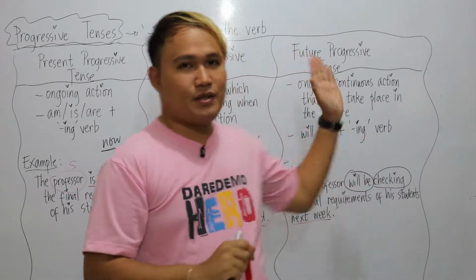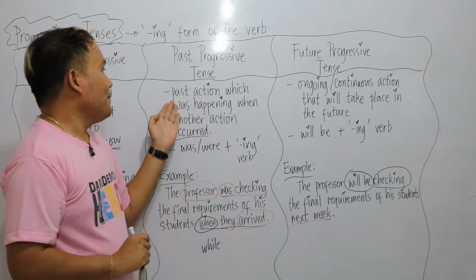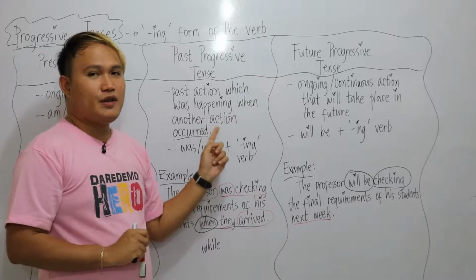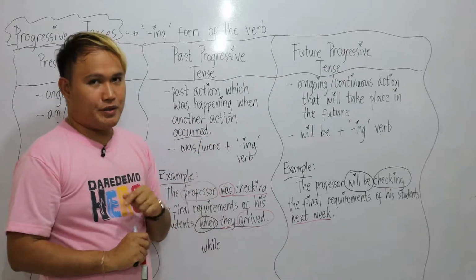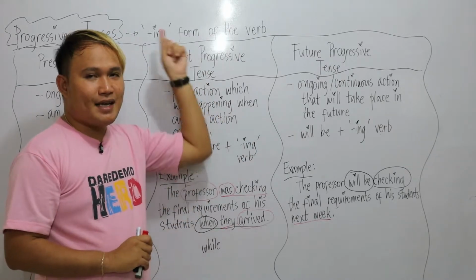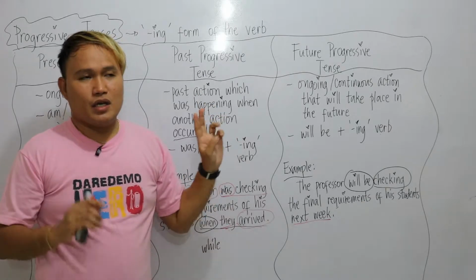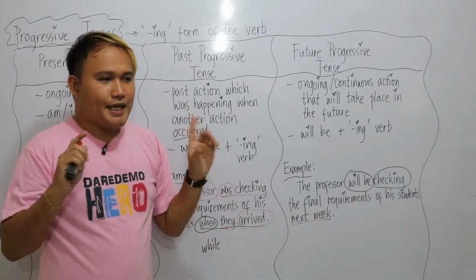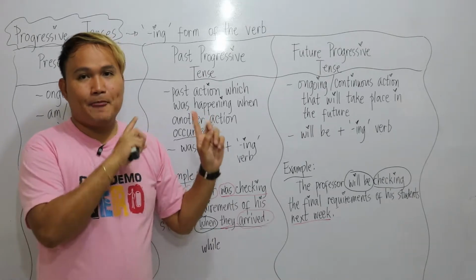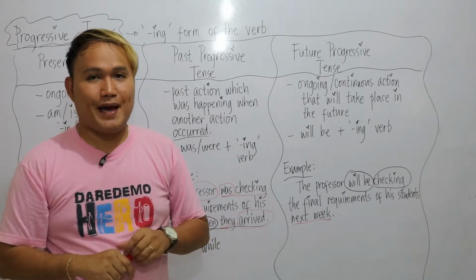Now let's move on to the past progressive tense. Let's read all together. 1, 2. It is a past action which was happening when another action already occurred or happened. So for past progressive tense, unlike the present progressive tense, it gives you an idea that there were two actions occurring or occurred from the past.